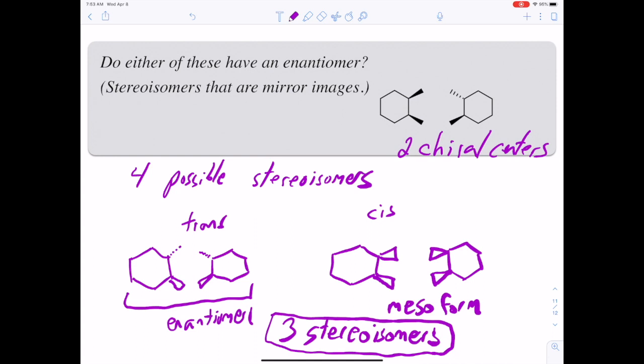The cis form is a stereoisomer of the two enantiomers, the trans enantiomers. All three of them are a collection of three different stereoisomers. But the cis form itself does not have an enantiomer. Its mirror image is not different. It is what we call the meso form. So there are three stereoisomers, a pair of trans enantiomers, and a meso form, the cis form.